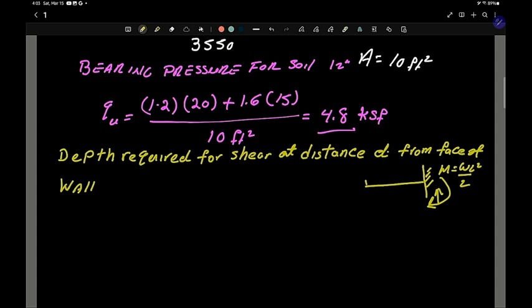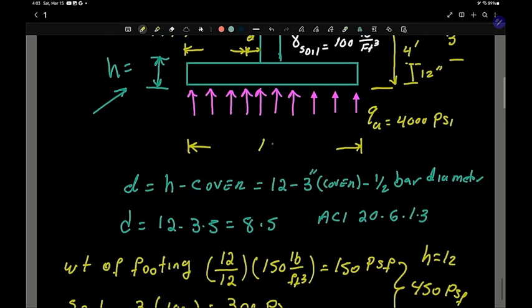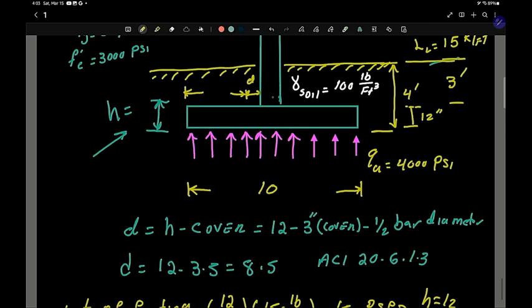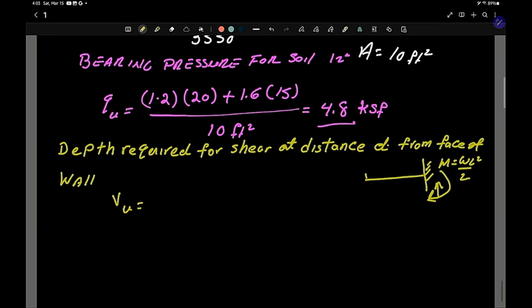So we're going to go ahead and calculate the shear. VU is equal, that distance was, come back in here, we said this is going to be at 10 feet. So now I'm going to come in right here down the center, and this is going to be 6 inch right there. And then 6 inch plus D, whatever D it is, then we have this left over to us. So that's where it comes from. VU is equal 10 feet divided by 2, that would take it to the center.